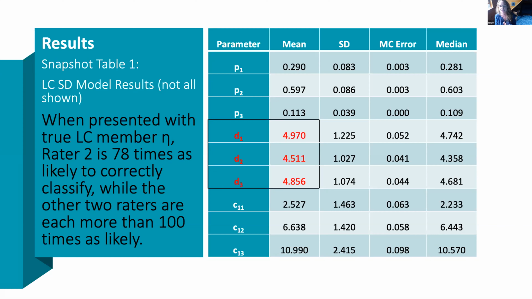So the interpretation would be that rater 2 is 78 times, I don't know where the 78 comes from, 78 times more likely to correctly classify that passage than not, whereas the other 2 raters, because they have higher numbers, are 100 times more likely than not to correctly classify that passage.